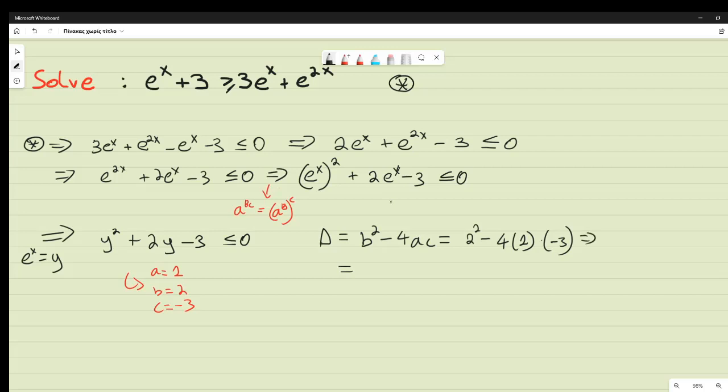Let's write it as analytically as we can, because it's always good to write analytically when you solve an exercise. The delta will be 4 minus minus 12, and this is equal to 4 plus 12 equal to 16. So delta will be equal to 16.